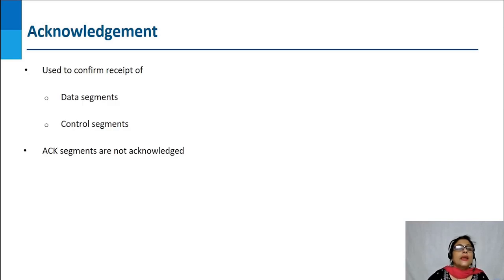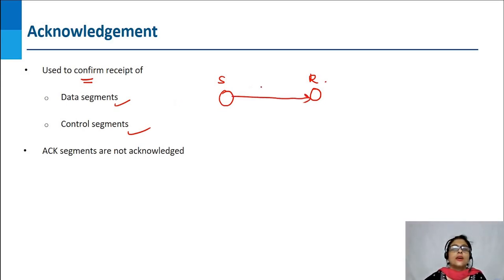Acknowledgement. Acknowledgement is basically used to confirm the receipt of the data segments and the control segments. Suppose we have a sender here and a receiver here. If we send a data segment, let's say data segment 1, and then the receiver should send acknowledgement of the data segment.